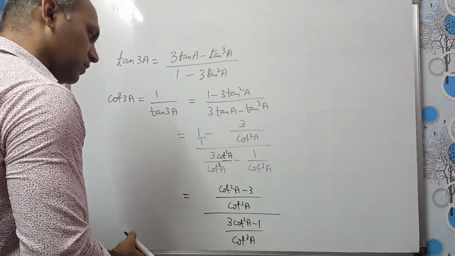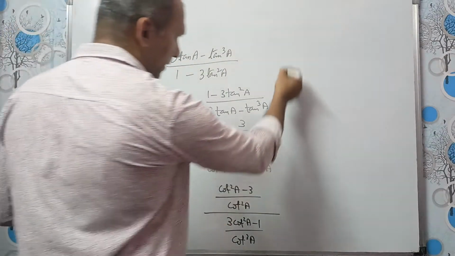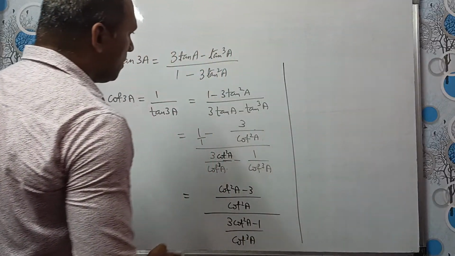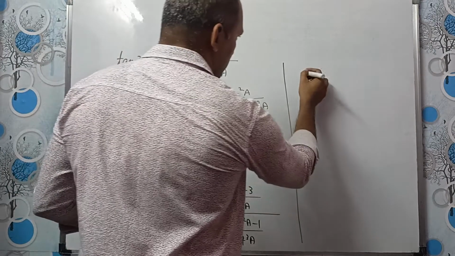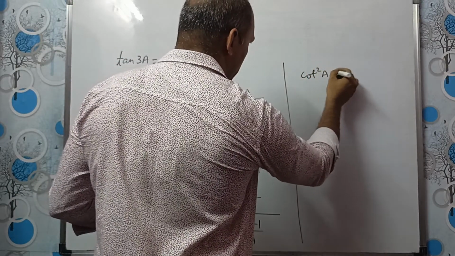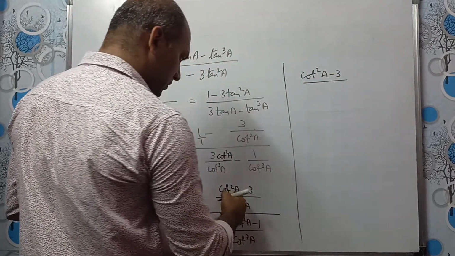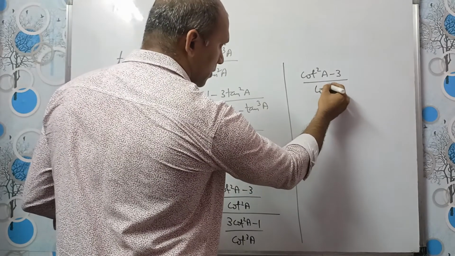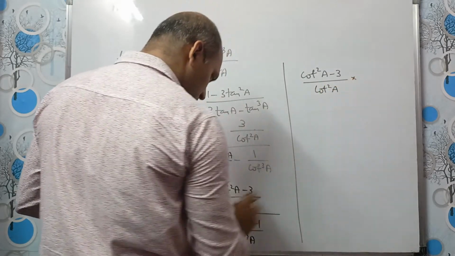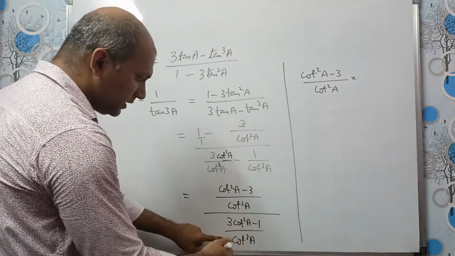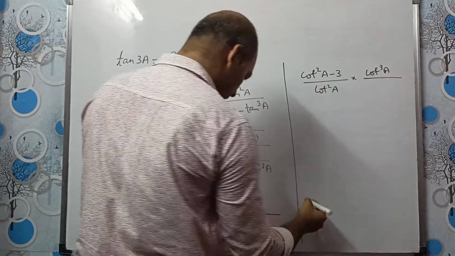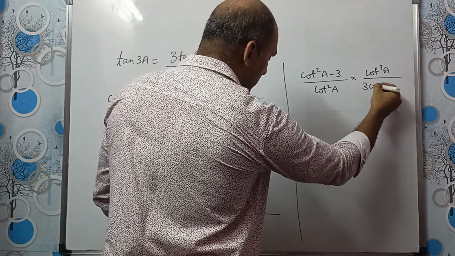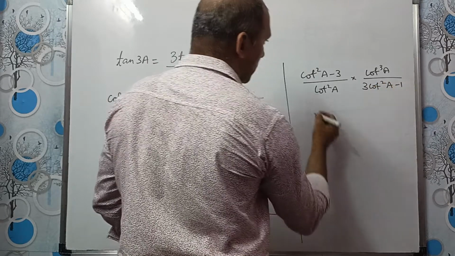Okay, what can we do now? We have cot square A minus 3 divided by cot square A. This big division will become multiplication. This will be reciprocal now, right? So this is cot cube A divided by 3 cot square A minus 1.